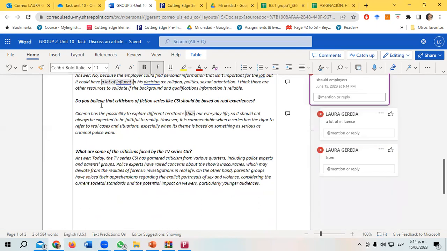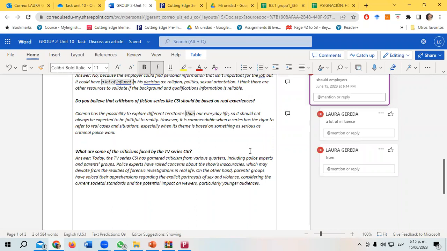Okay. Do you believe that critiques of fiction series like CSI should be based on real experience? Cinema has the possibility to explore different territories outside our everyday life, so it should not always be expected to be faithful to reality.